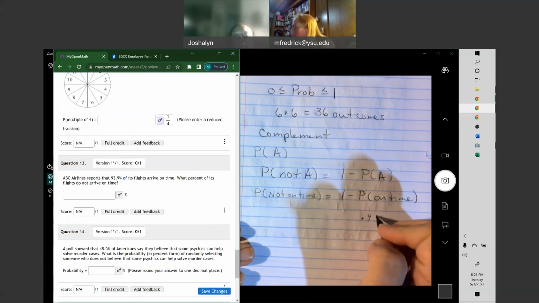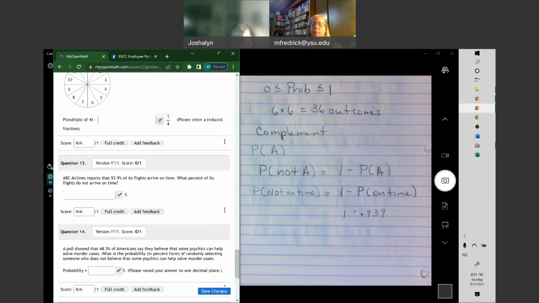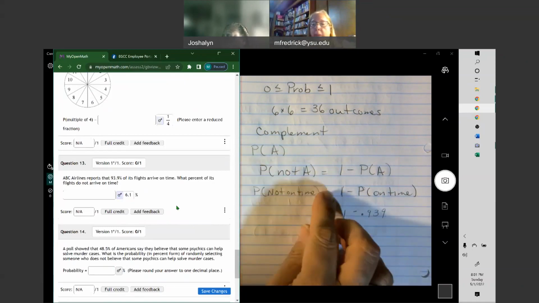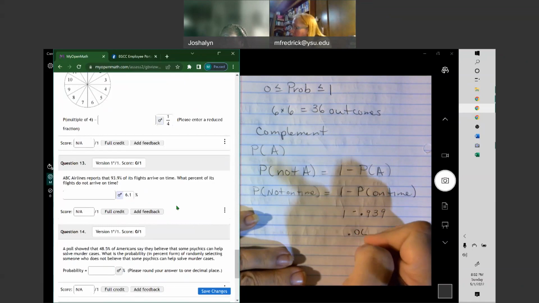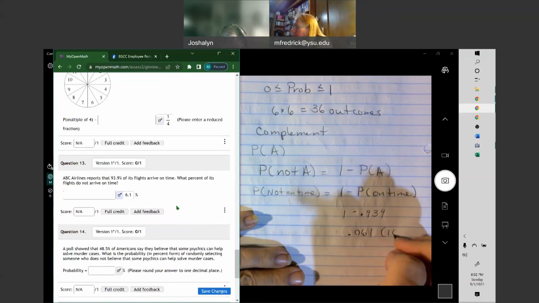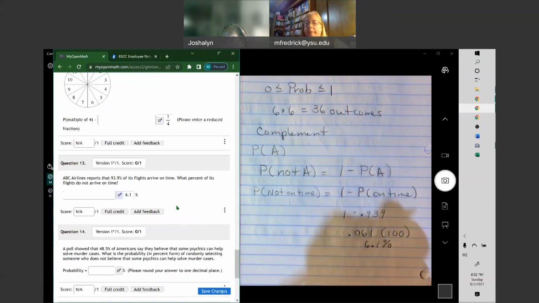So when we subtract that, we get 0.061, and then we multiply it by 100 because they wanted the percent. Okay.